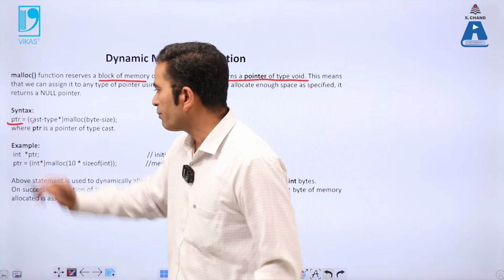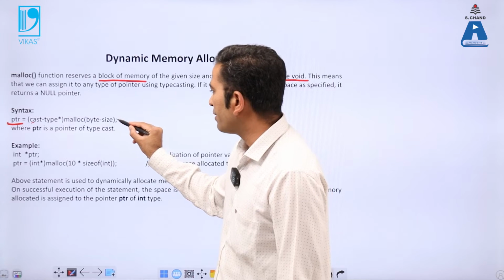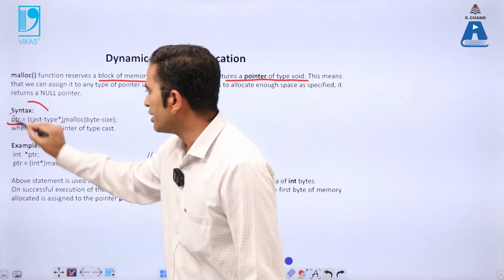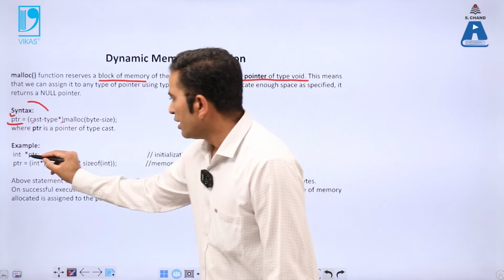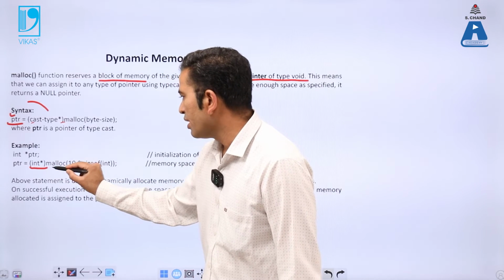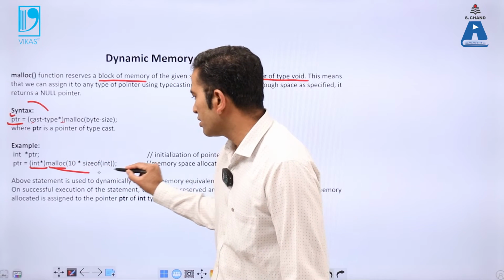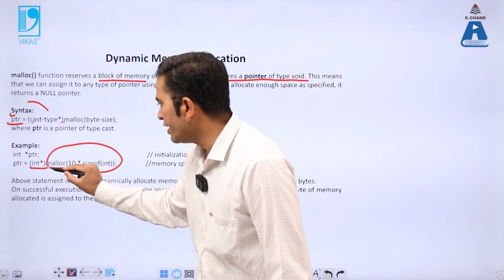Okay, whatever memory will be allocated, that memory will be assigned to the pointer type variable. Example, int star ptr, where int star is the cast type, equals malloc 10 into size of int. That means malloc is up to here, this is a void pointer.